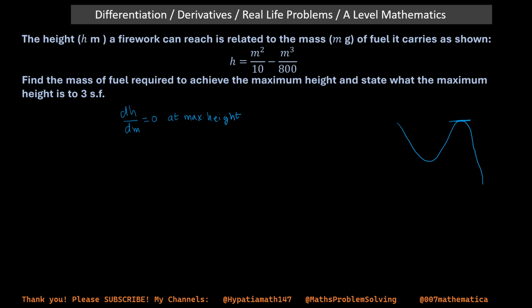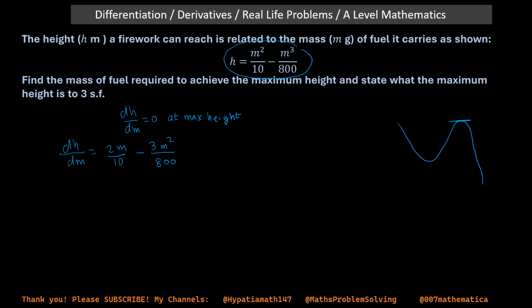So we need to differentiate this term. dh/dm is equal to 2m/10 minus 3m²/800.